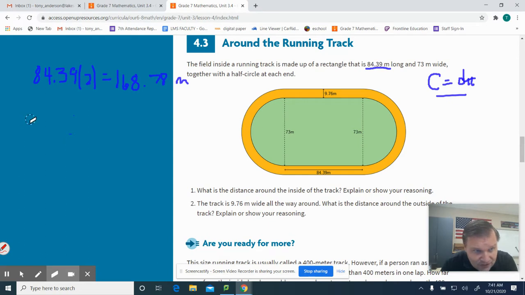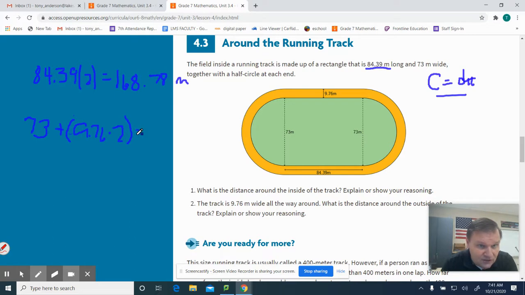So I have 73 plus, and I'm going to put this in parentheses even though I don't have to, 9.76 times 2.